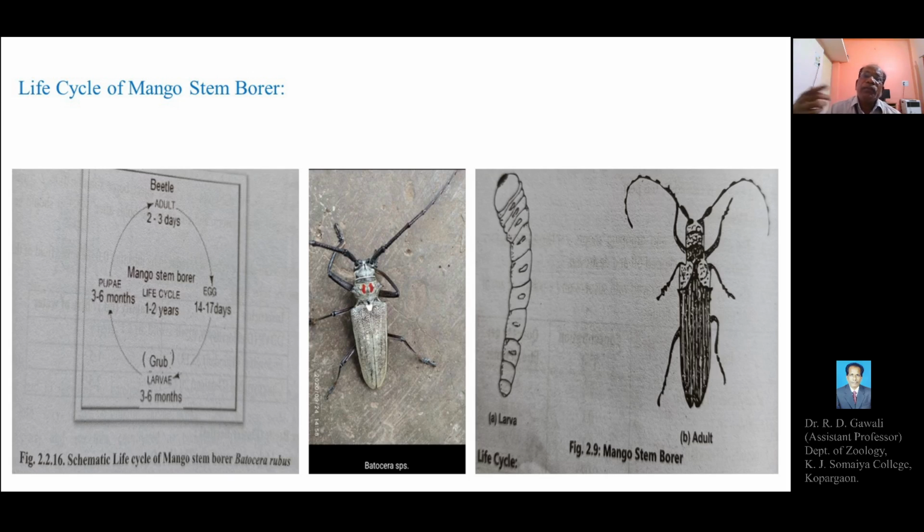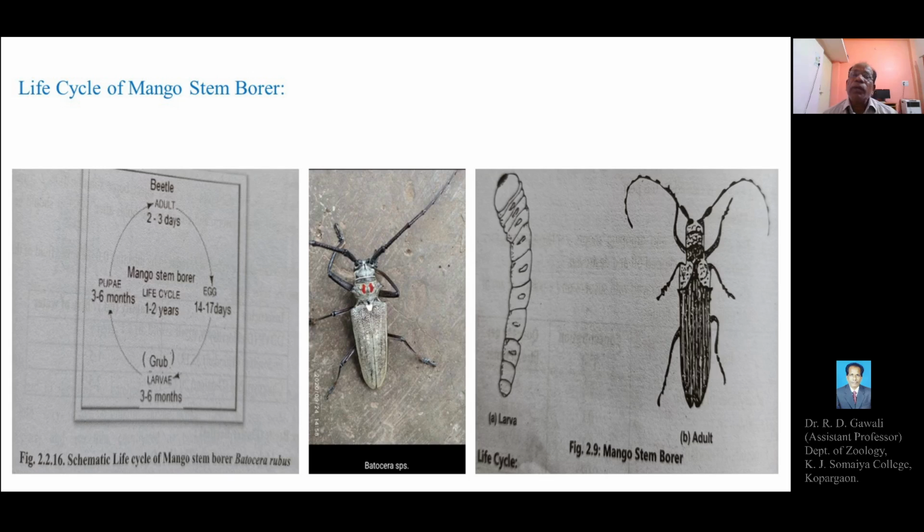So when the grub emerges from the egg, it penetrates the mango branch or the shoot or stem or the root where the egg is deposited, moves through a circular path just inside the bark of the mango shoot or stem, and then penetrates to the central portion of the shoot.